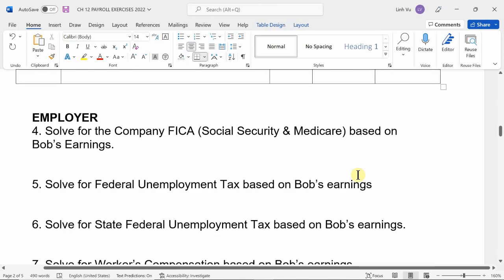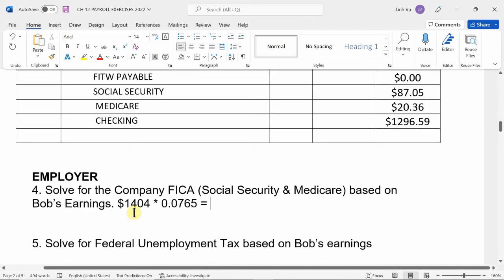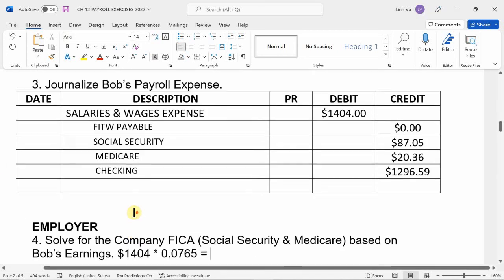Now that we covered the employee, we need to now cover the employer. So in this case, we need to figure out what the Social Security and Medicare is based on Bob's earnings. If you already know the calculation, it's the 1,404 times the 7.65%, which is the Social Security and Medicare we've already solved from above.